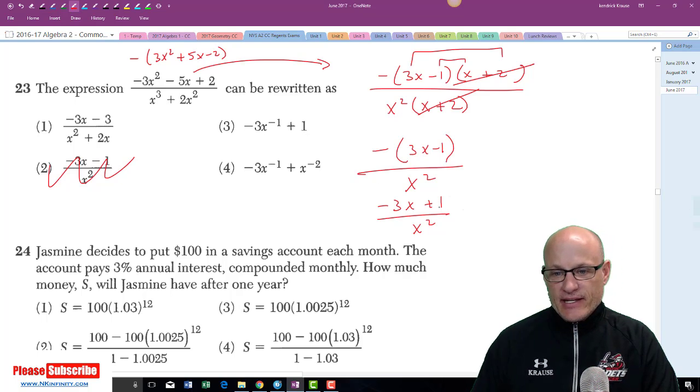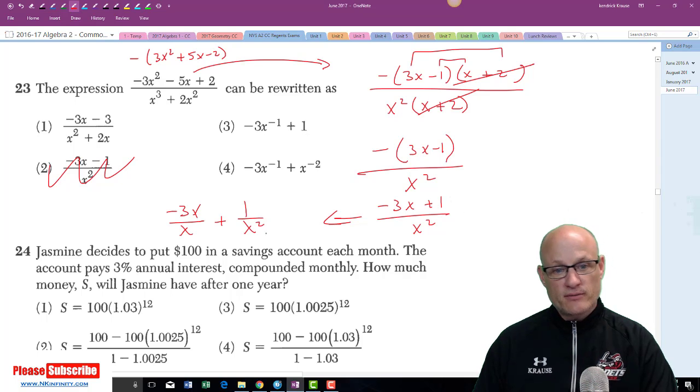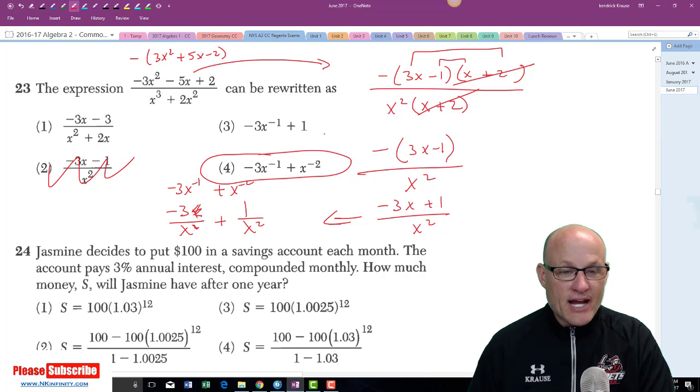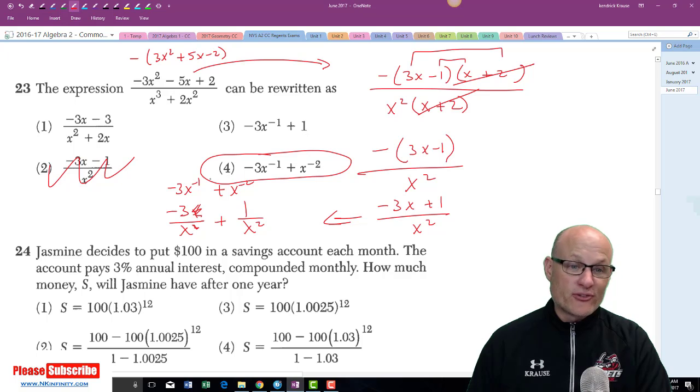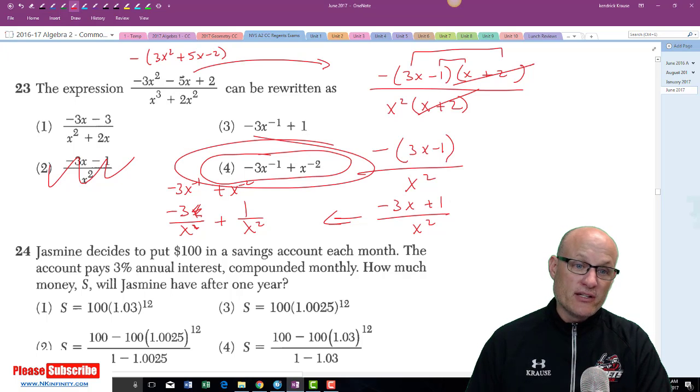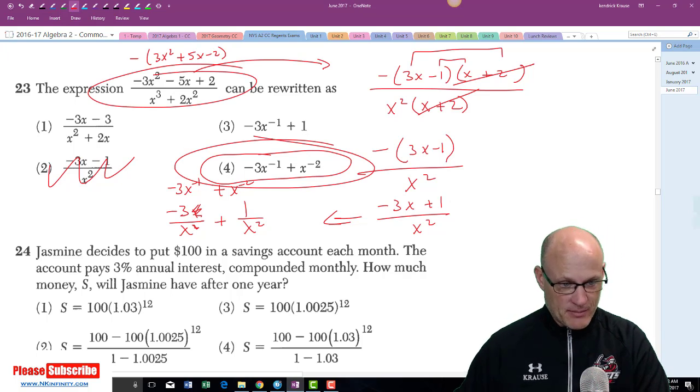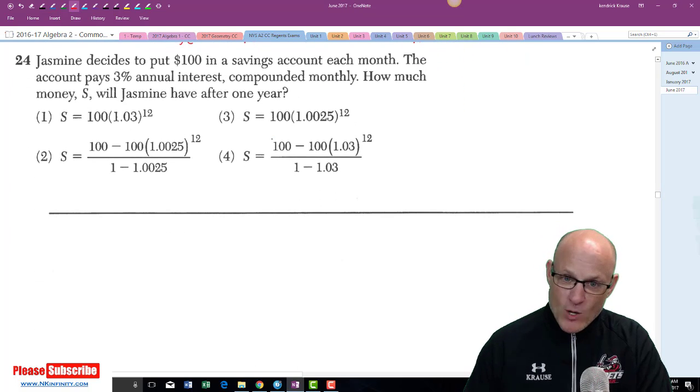So what they then did: negative 3x over x squared plus 1 over x squared. This x cancels with one of these. So this is negative 3 over x, or negative 3x to the negative 1, and this is just plus x to the negative 2. So here's the right answer. Now what I would have done is stored a number in for x, typed these in, and you'll see that they verify and they match. Last multiple choice, kids.